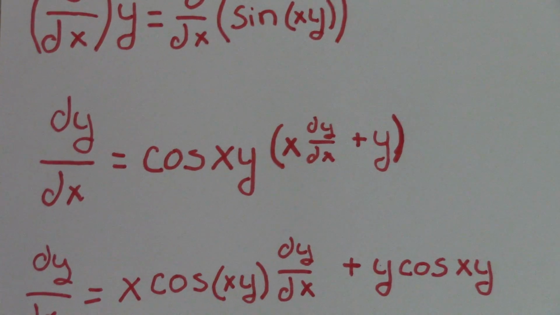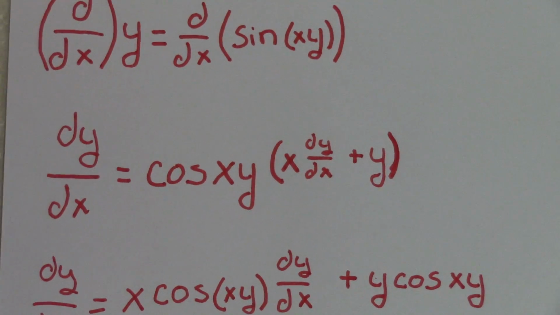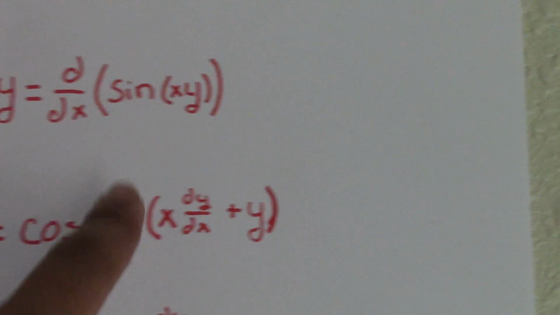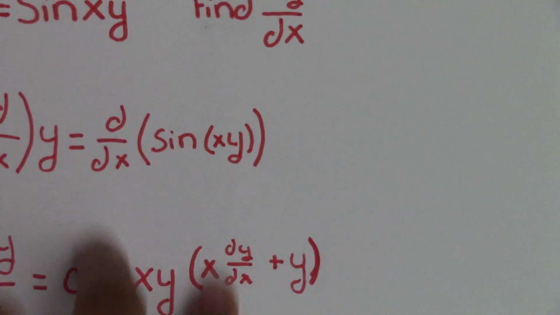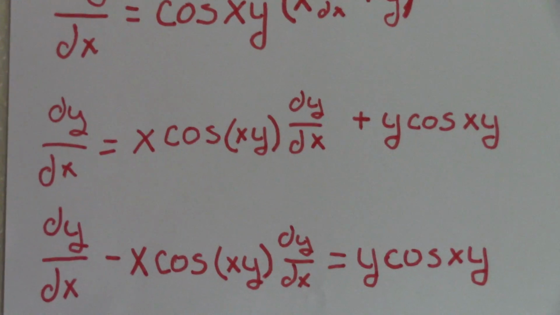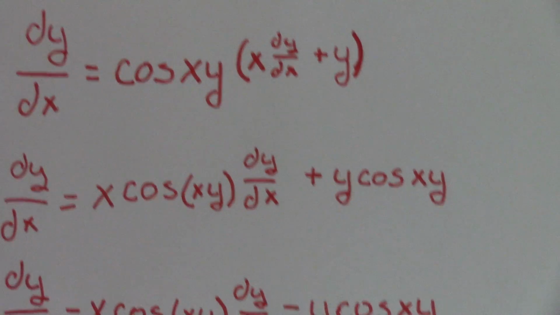Now that's actually chain and product rule, so we get x times dy/dx plus y, because of this y right here with the dy/dx. Now dy/dx equals x cosine xy times dy/dx plus y cosine xy.